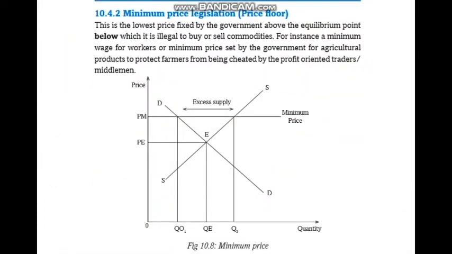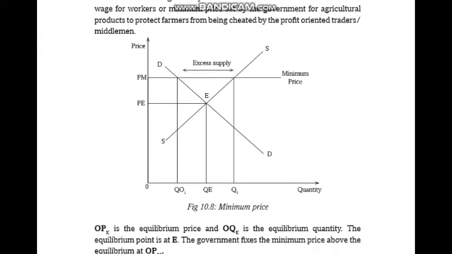Minimum price legislation or price floor. This is the lowest price fixed by the government above the equilibrium point below which it is illegal to buy or sell commodities. For instance, a minimum wage for workers or a minimum price set by the government for agricultural products to protect farmers from being cheated by the profit-oriented traders or middlemen.